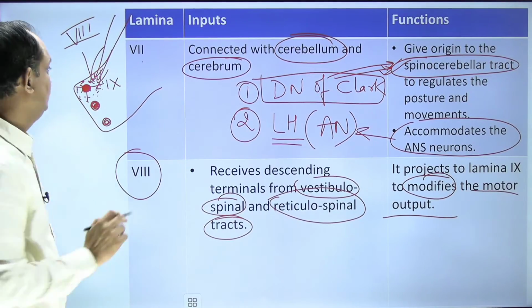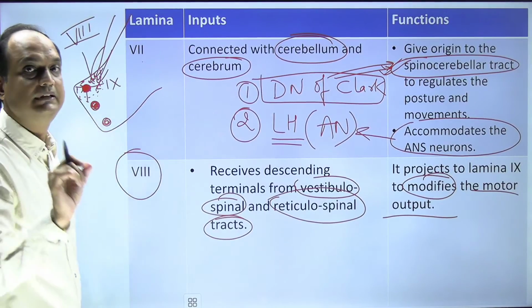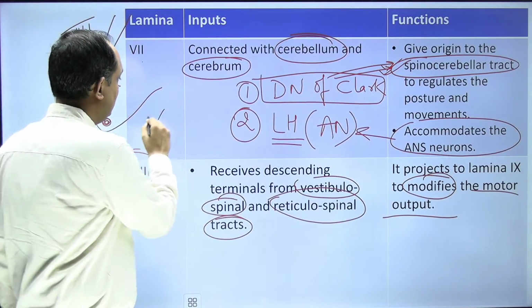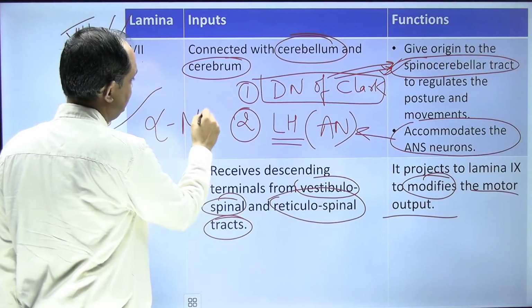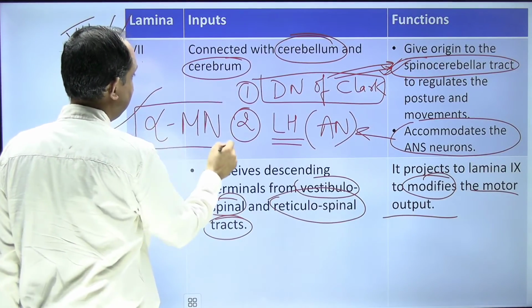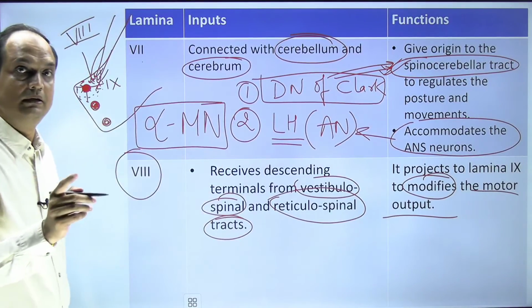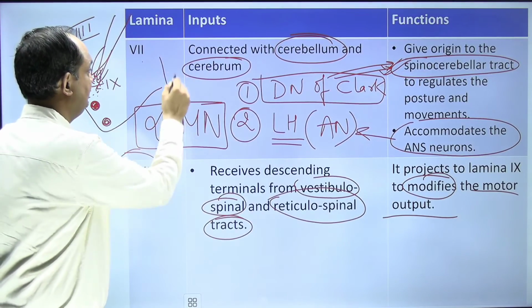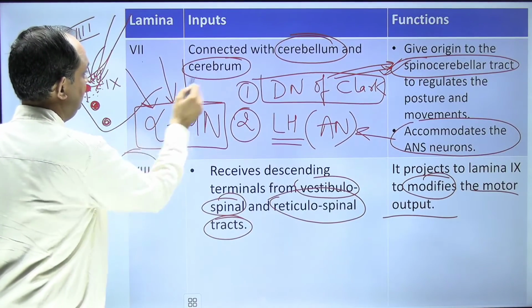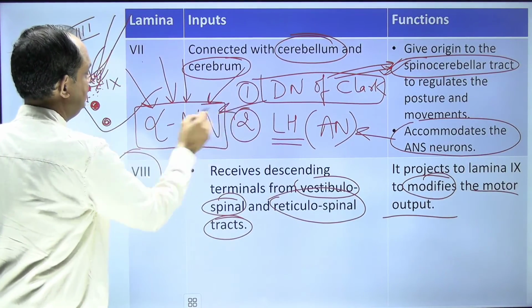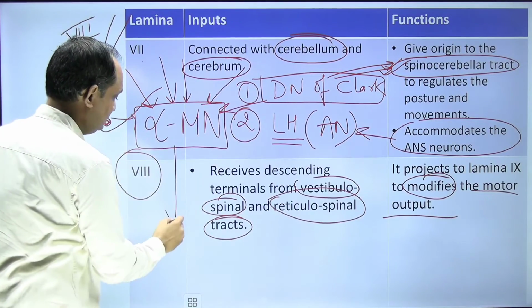Clear? So you have to first keep this in mind that alpha motor neurons which are present in the anterior horn of the grey matter have multiple influences, and after those influences the output will come out.